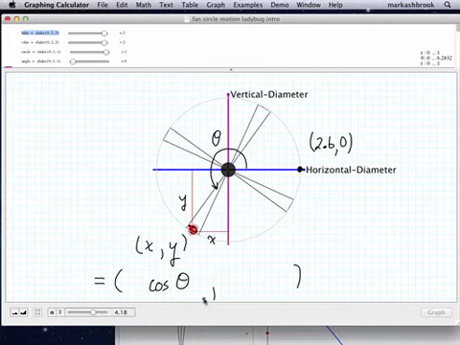So what is the output of cosine theta? It gives the horizontal distance to the right of the vertical diameter in what? Radius lengths, right? So is that the x coordinate of the bug? He wants to multiply it by the radius.